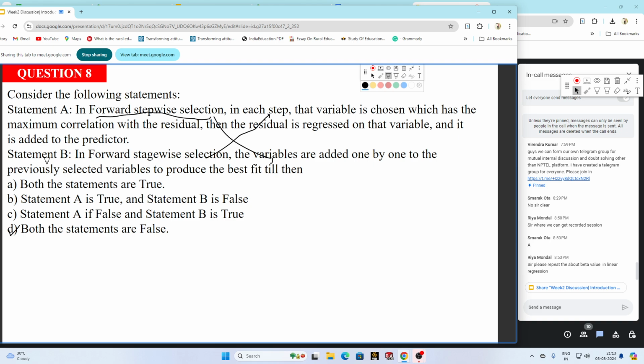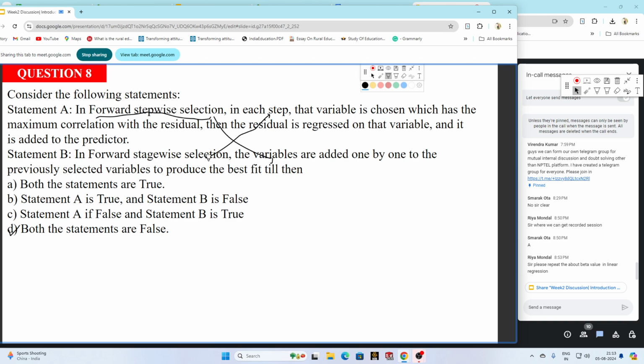Option B, statement A is true, statement B is false. Option C, statement A is false, statement B is true, and option D, both statements are false. Now can anyone guess? Already I have ticked it, but see, statement A, forward stepwise selection. What we do in forward stepwise selection is we first choose an intercept and then add variables one by one.